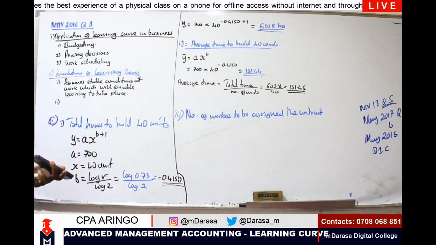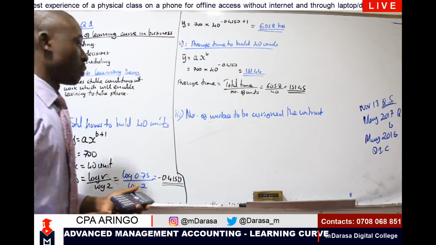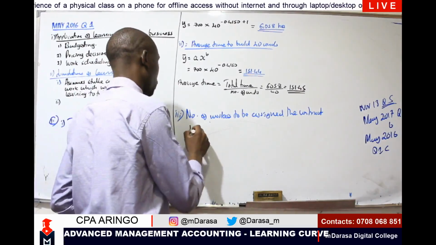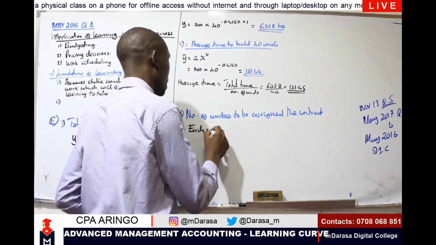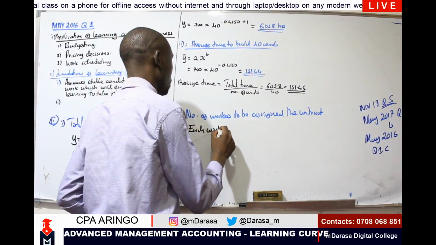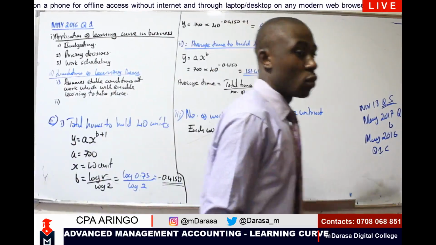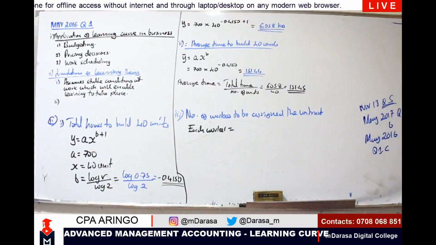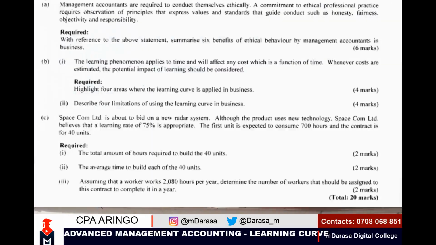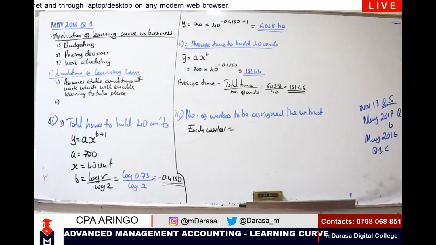How will you determine the number of workers to be assigned the contract? Because we are given that each worker works for 2,080 hours.